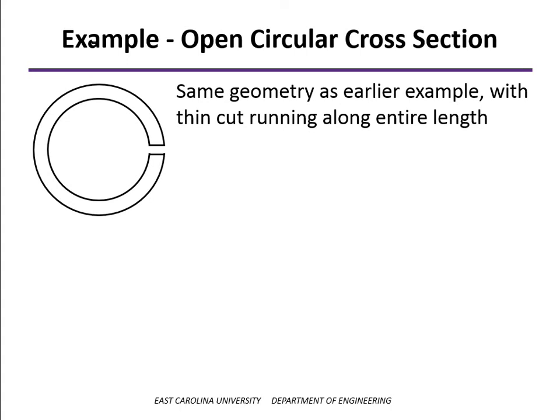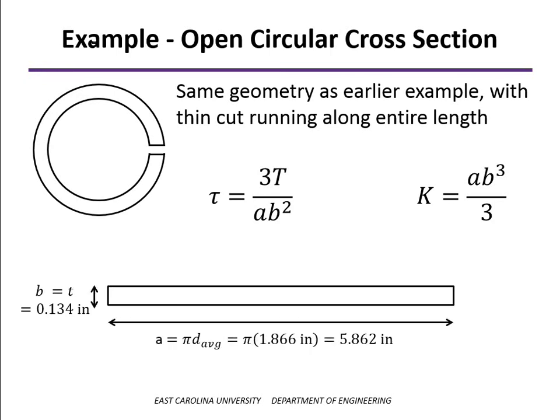And to be able to analyze this, what we do is use these approximate equations that are really the equations of a thin rectangle. And so it really doesn't matter what shape we have. If it's a thin geometry, then you can approximate it as this rectangle. So just like if we took this circular cross section and laid it flat, those would be what our values of A and B are.